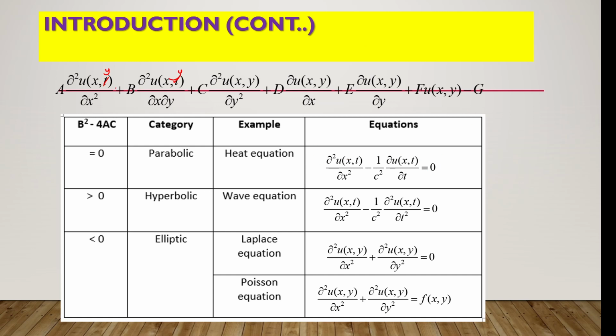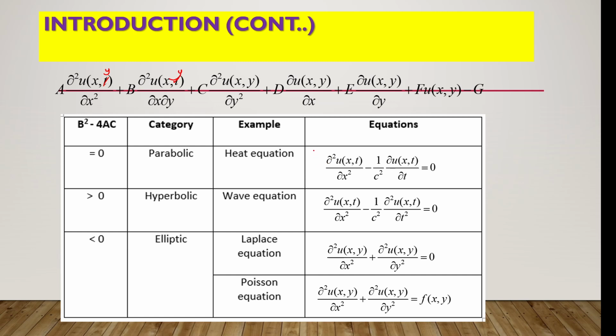And how do you know b squared minus 4ac equals 0? You have del 2u del x2 minus 1 over c squared del u del t equal to 0. You may tally it back here. This one is a.